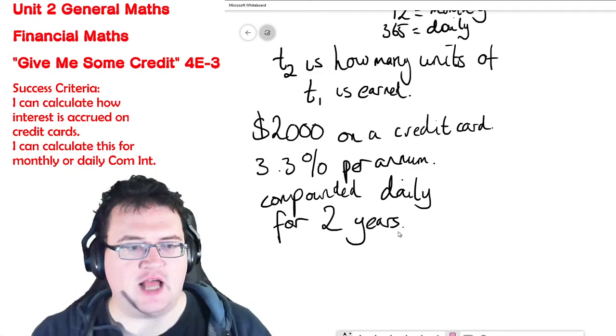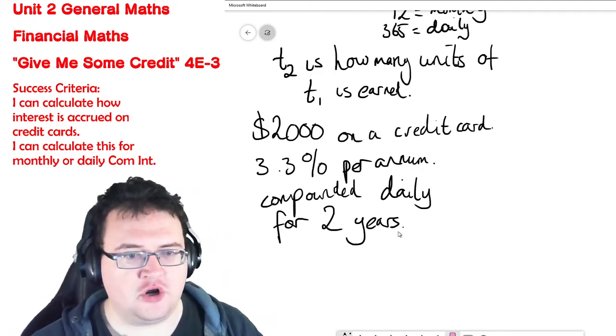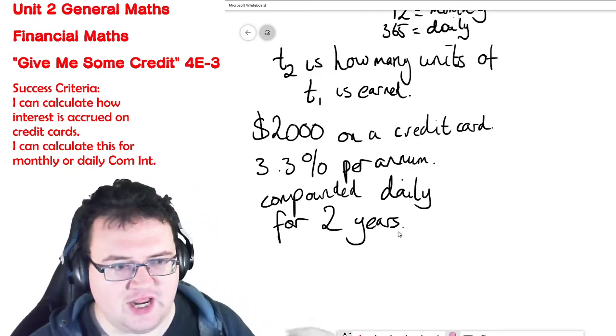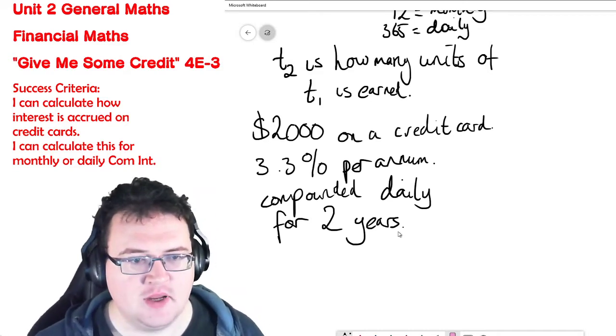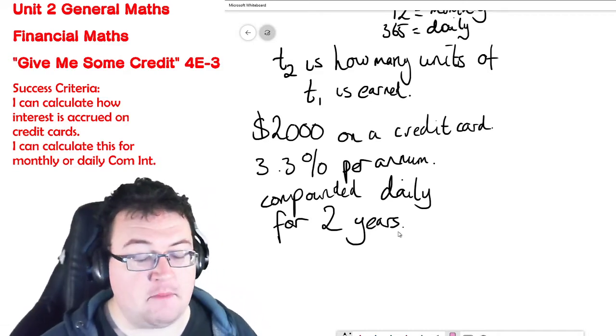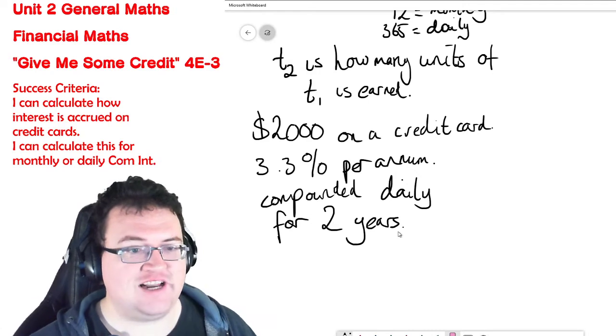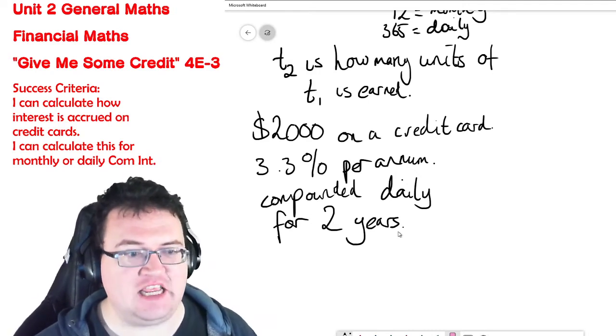So it's a $2,000 loan on a credit card, because that's what a credit card is. It's basically just an informal loan. It's 3.3% per annum, but it is compounded daily for 2 years.